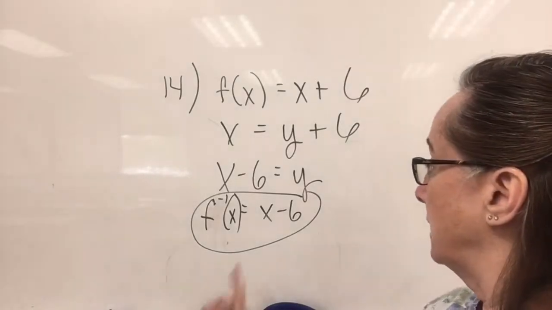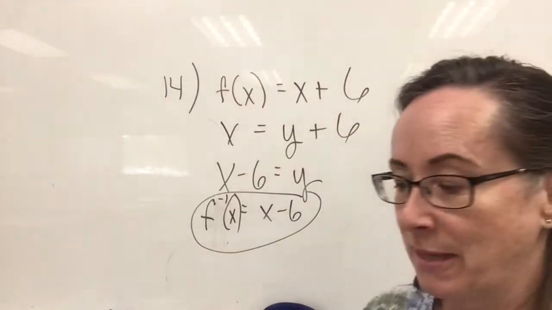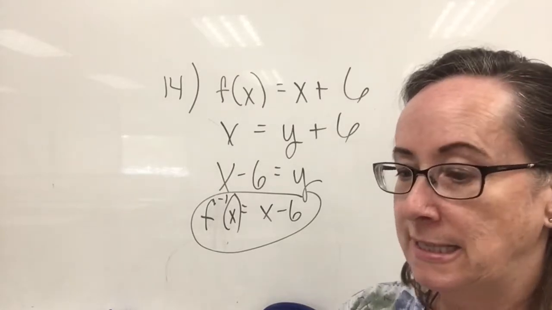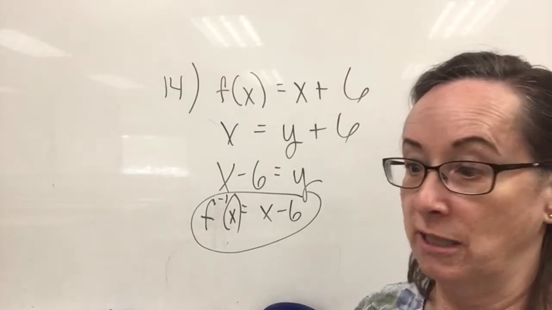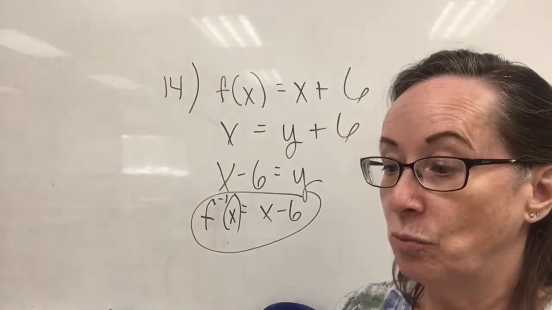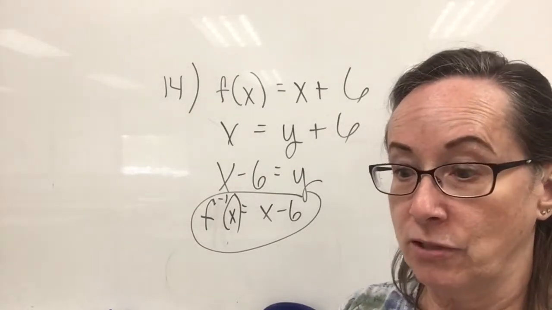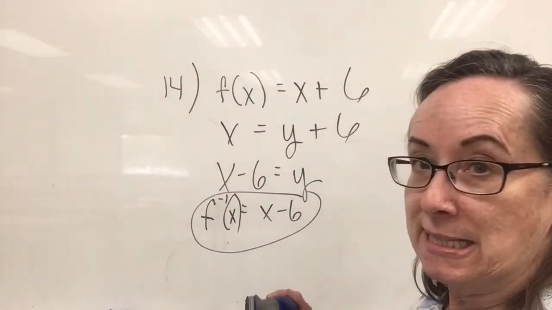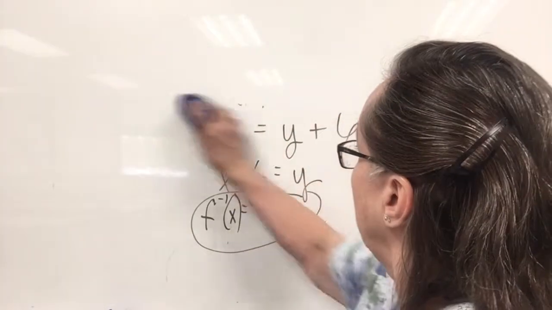And that is correct. Okay, so number 15, it says determine whether the given function is 1 to 1. If it is 1 to 1, find the formula of the inverse. Okay, so the first one that they give us is a rational function.